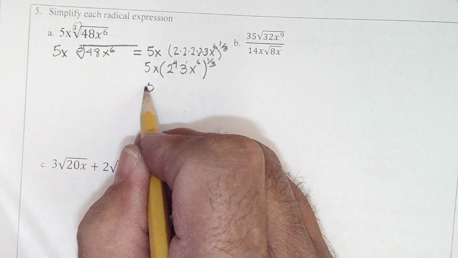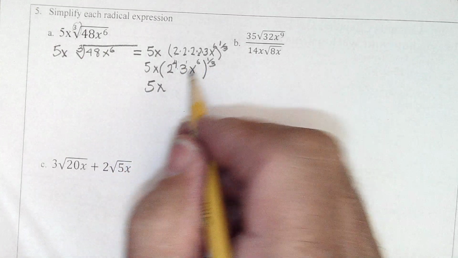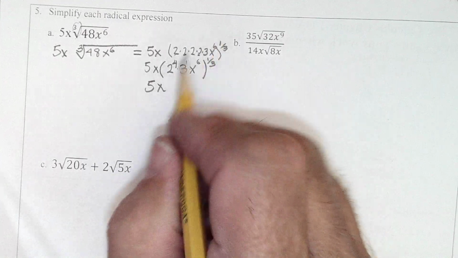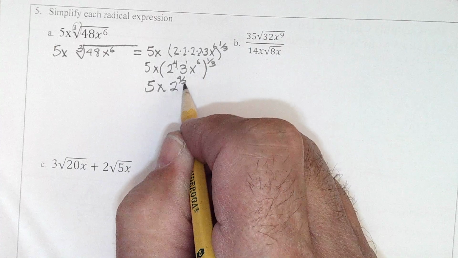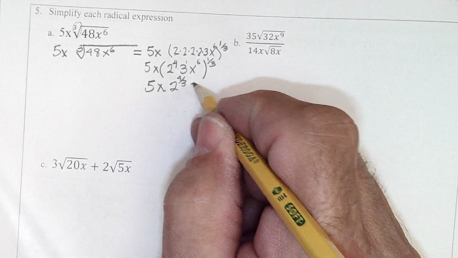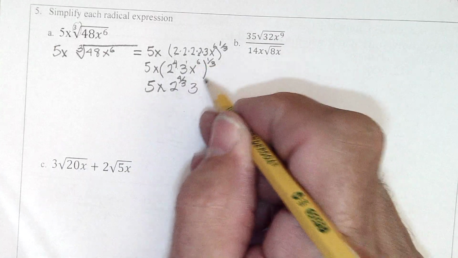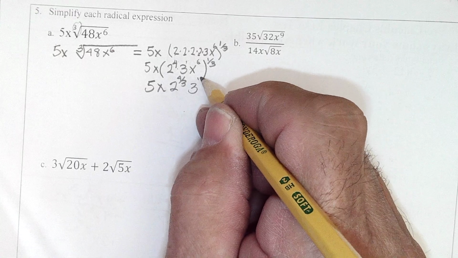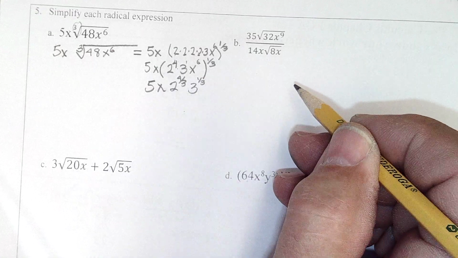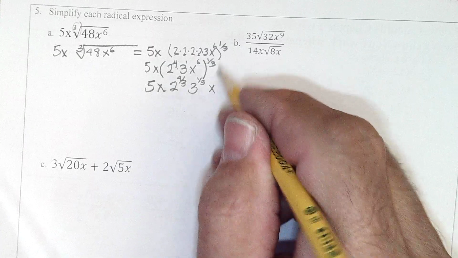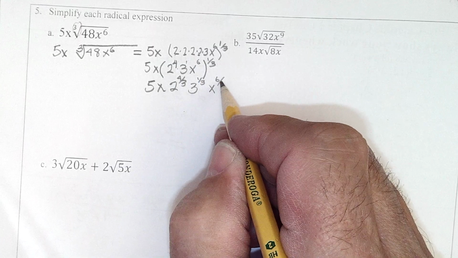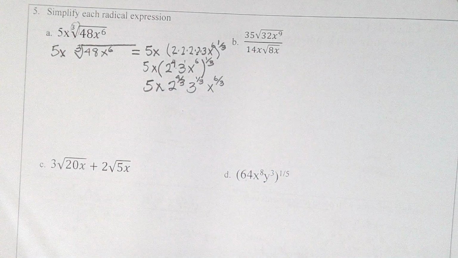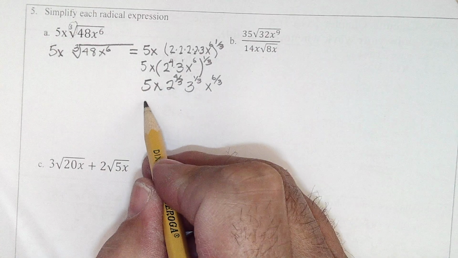So I got 5x. 4 times 1/3 is 4/3. 3 to the 1 times 1/3 is 1/3. And x to the 6 times 1/3 is 6/3.